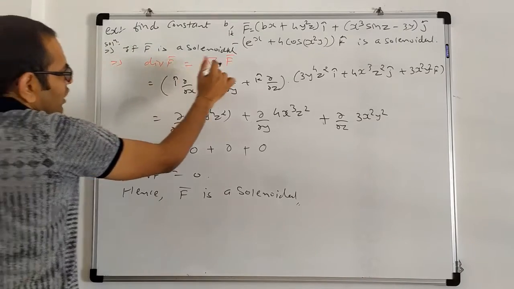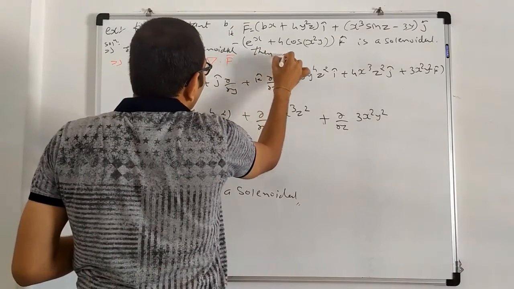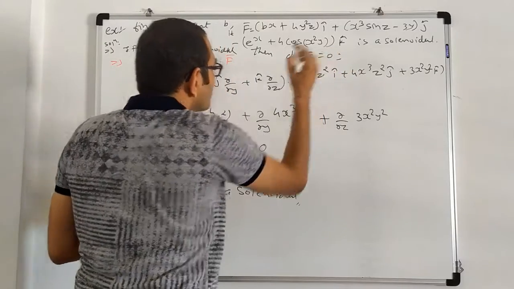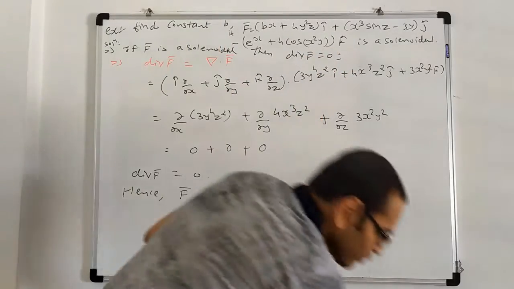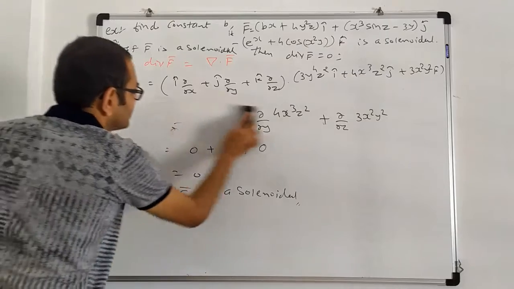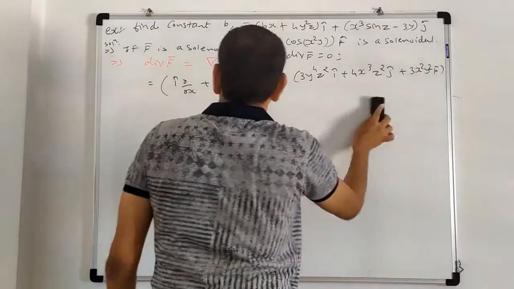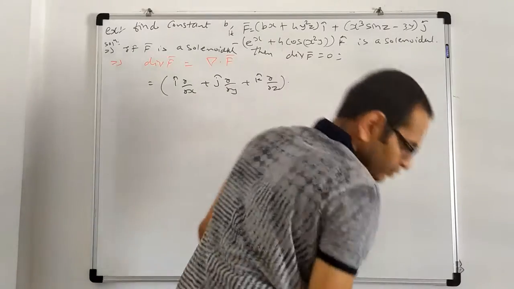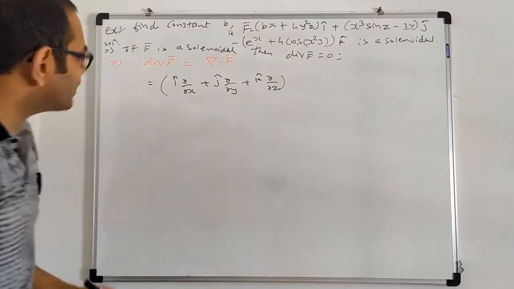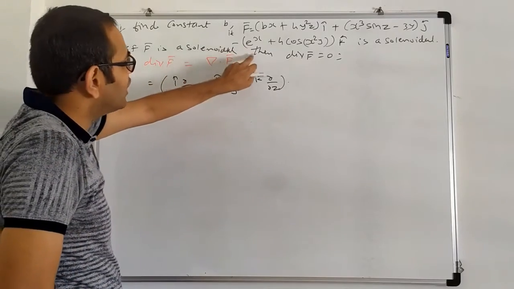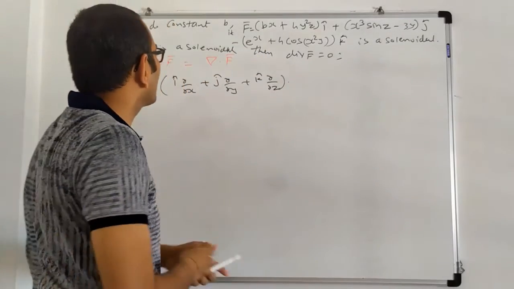If f bar is solenoidal, then divergence of f bar equal to 0. Everyone can see it: f bar is solenoidal, then divergence of f bar equal to 0.